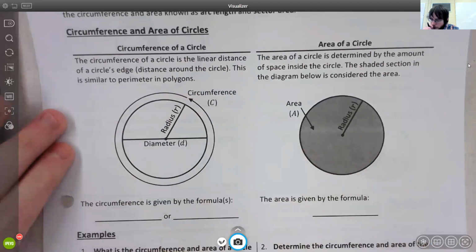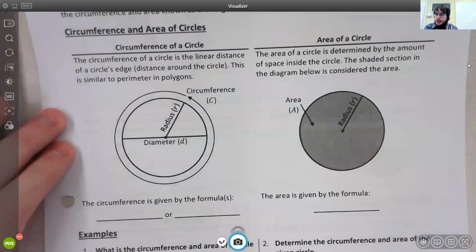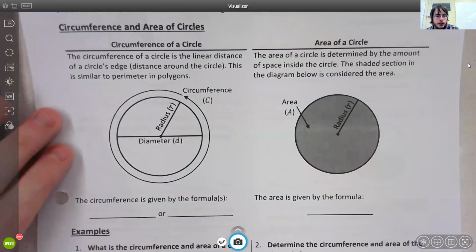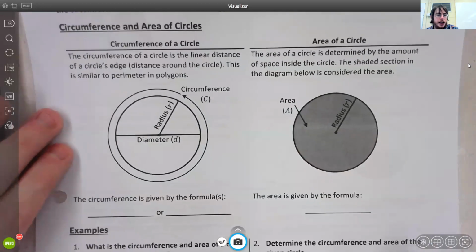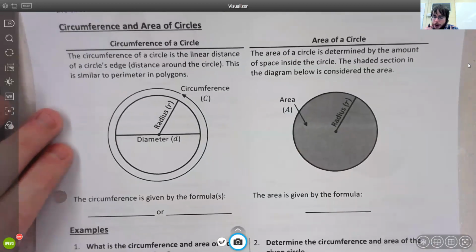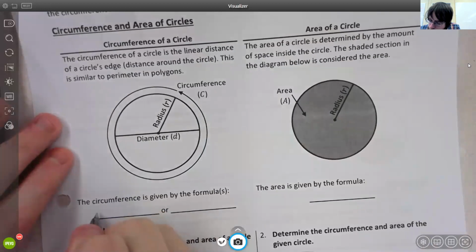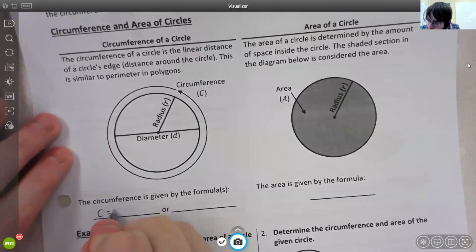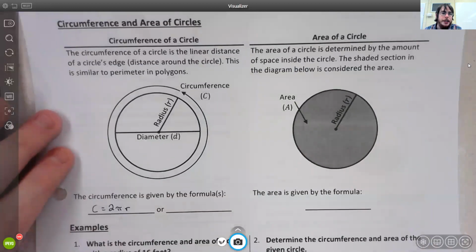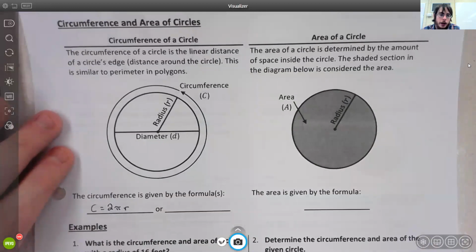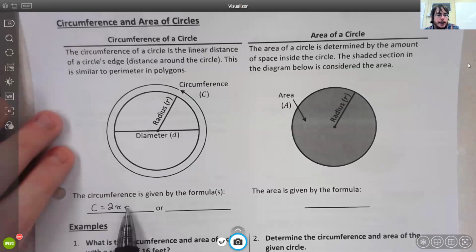The circumference is given by one of two formulas, and they both give you the same exact thing, but they're presented a little bit differently. The first is that the circumference is equal to 2 times pi times r. So C equals 2 pi r. If you know your radius, you plug it in here, multiply it by 2 pi, and that gives you your circumference.